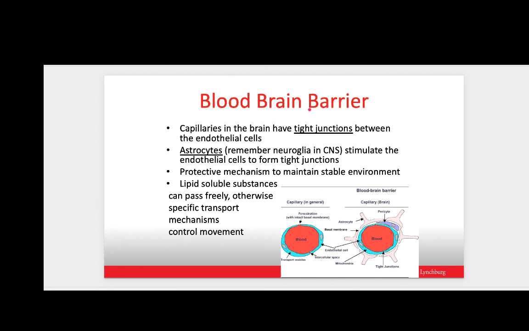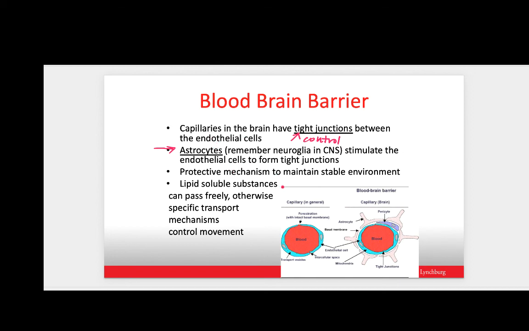Okay, which brings us to our blood-brain barrier. And that's basically what we call the barrier that we have between the endothelial cells of the capillaries in the brain. They have tight junctions, so we have lots of control over what flows in and out. And astrocytes, which are a type of neuroglial cell in the central nervous system, are the cell types that stimulate those endothelial cells in the capillaries to form the tight junctions.